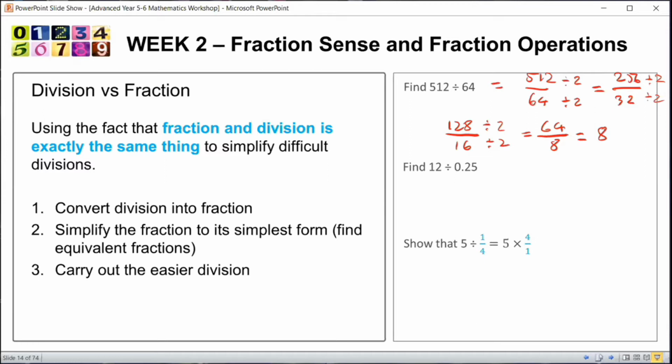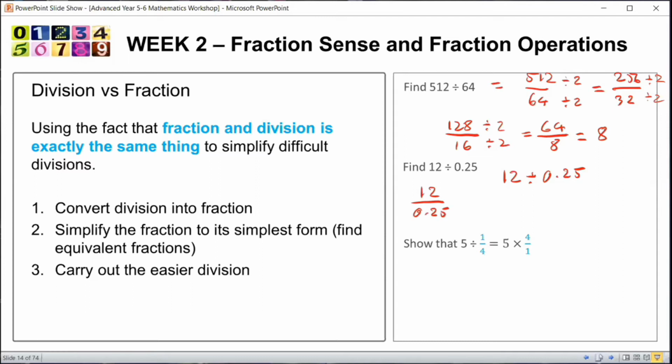So now we have 12 and we want to divide by 0.25. Well, you can do the hard way and actually try to divide it, or you can use fractions. All right, let's try the fraction way. Last time we tried to divide, this time we don't.